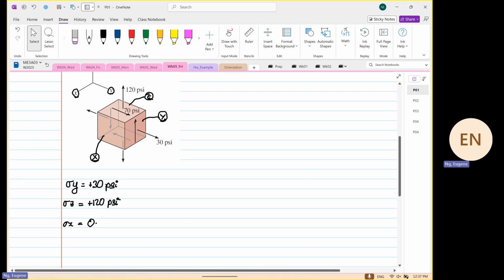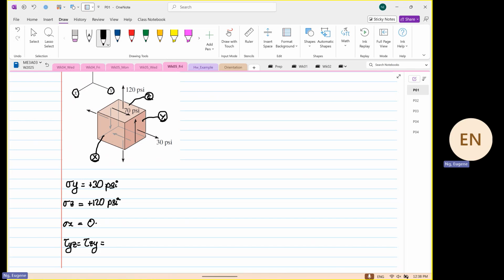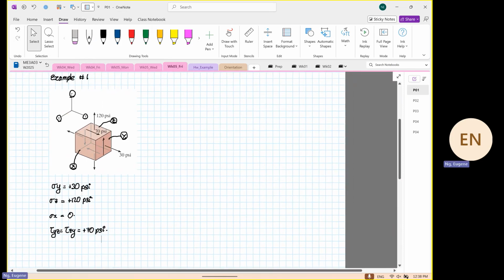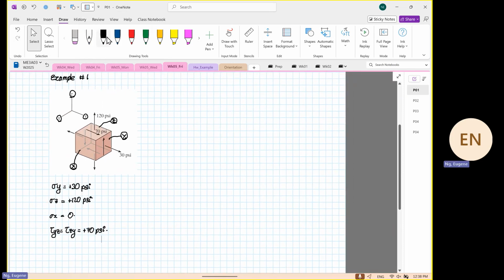And we have our shear YZ is equal to shear ZY, and this will be equal to 70 psi. Okay. So from here, we start constructing the 3D Mohr circle. And as I said, it's not difficult.